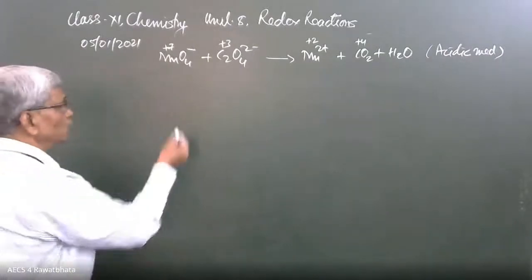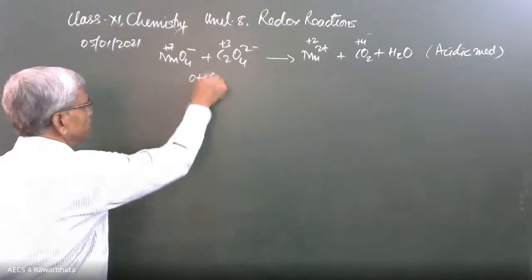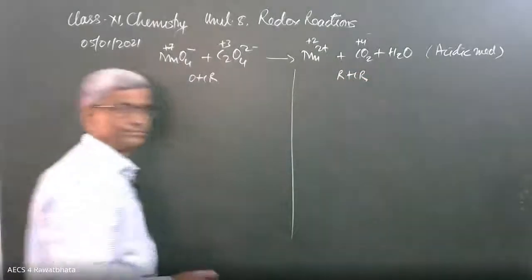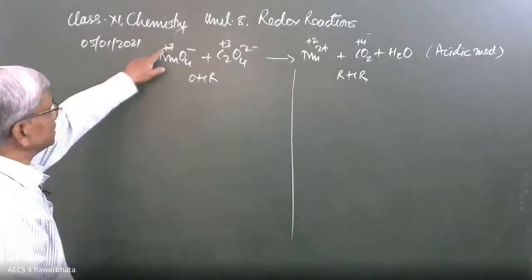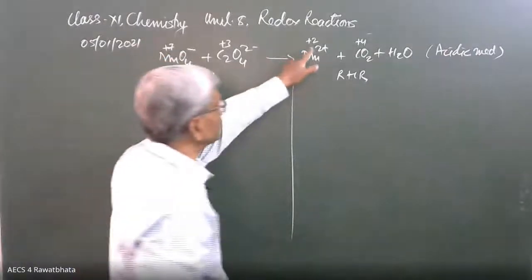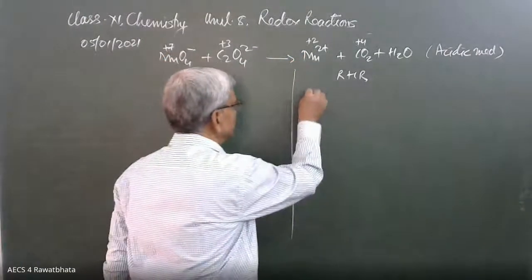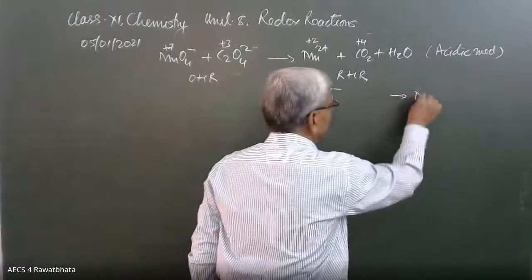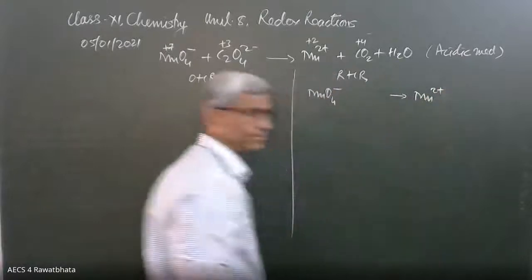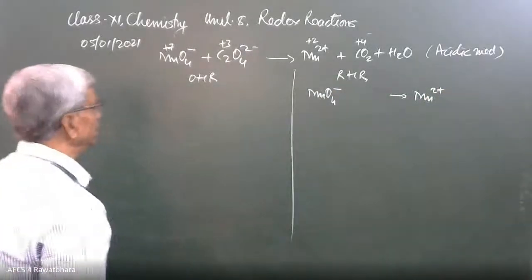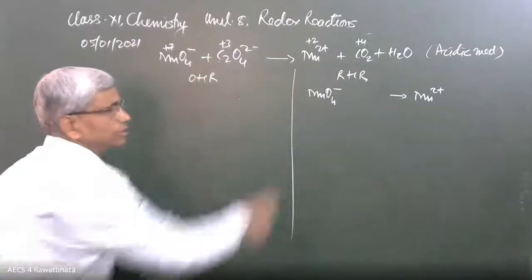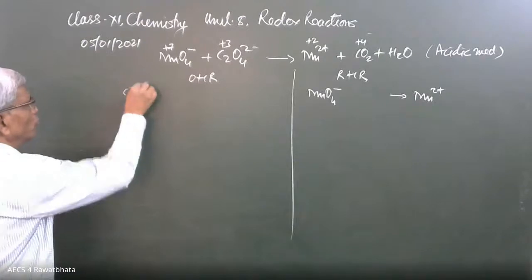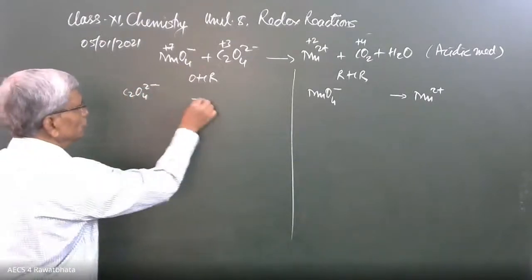Then divide the reaction in two parts. Oxidation half reaction and reduction half reaction. This plus 7 is going to change into plus 2. This is the reduction, decrease in oxidation state. MnO4 minus gives Mn2 positive. Reduction half reaction. And oxidation: plus 3 is going to change into plus 4, increase in oxidation number. That's why C2O4 2 minus is going to change into CO2.